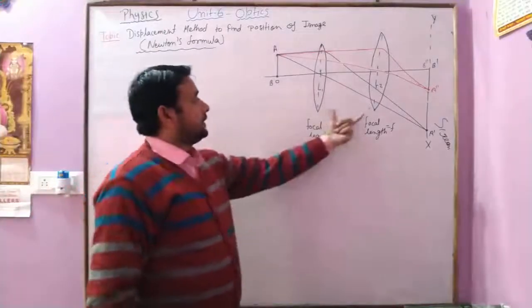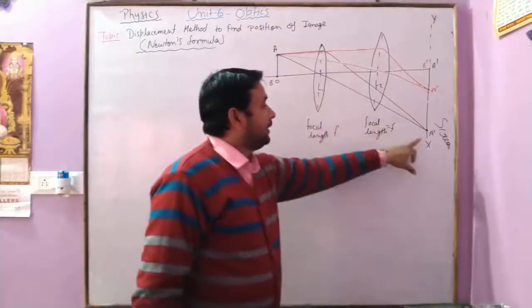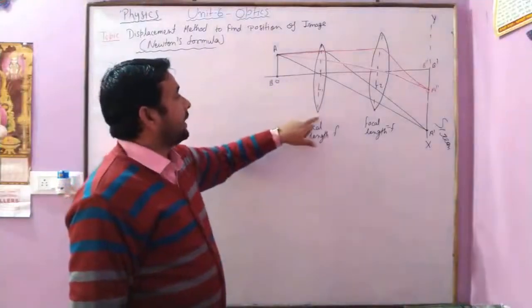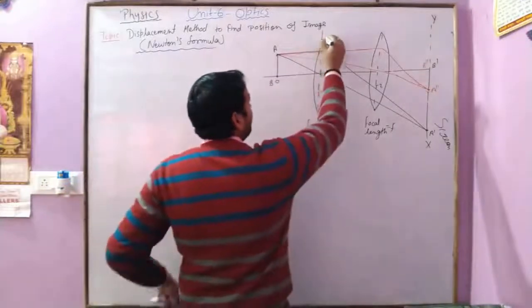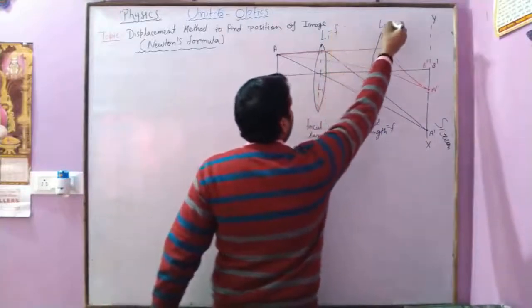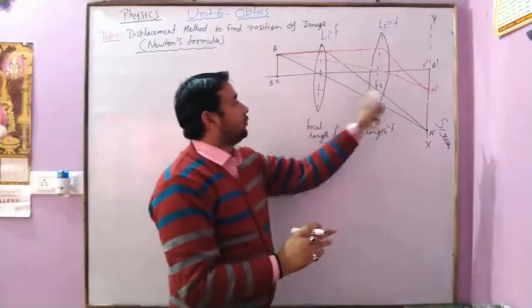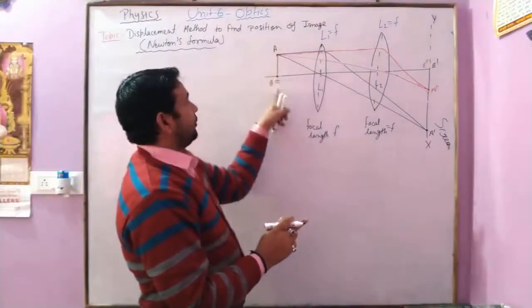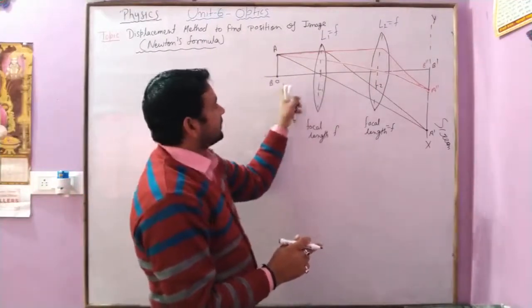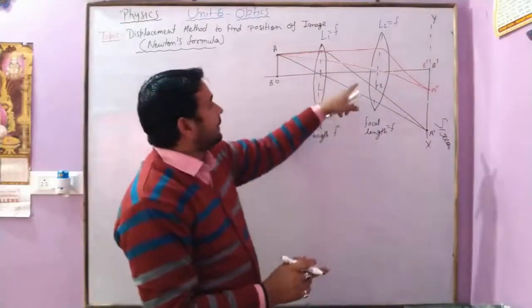So this is how the same lens can form the image at the same distance, either for L1 or for L2, having the same focal length f, because it is the same lens which has two positions to form the image of the object.